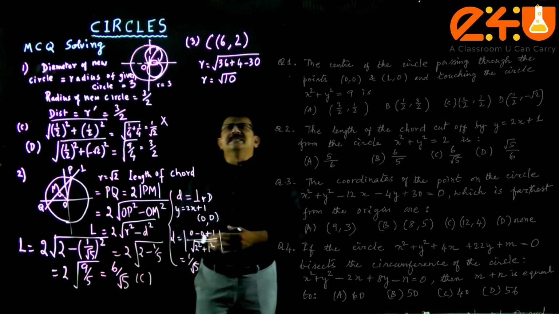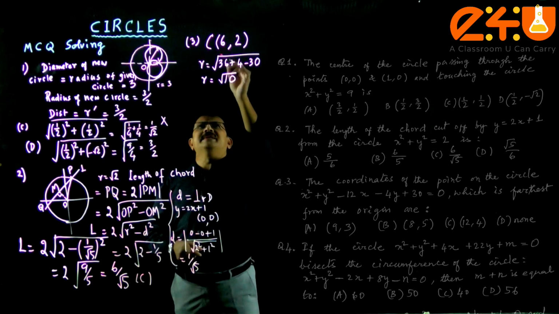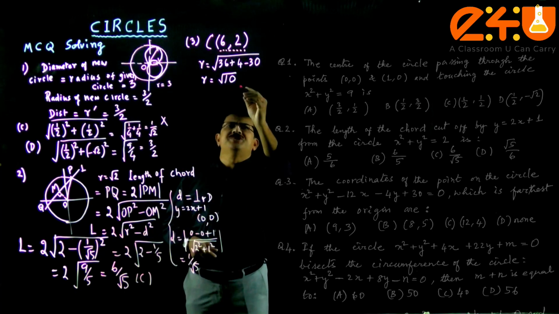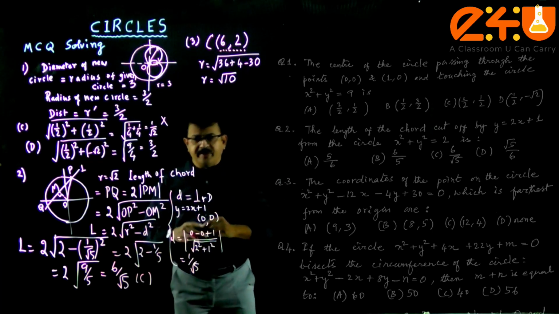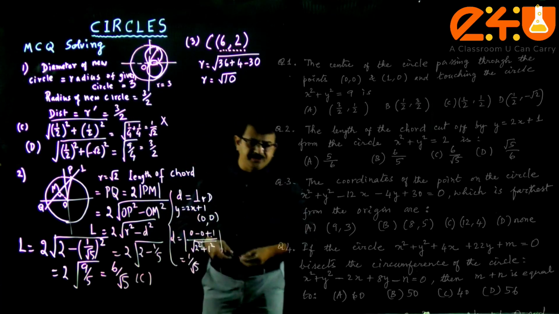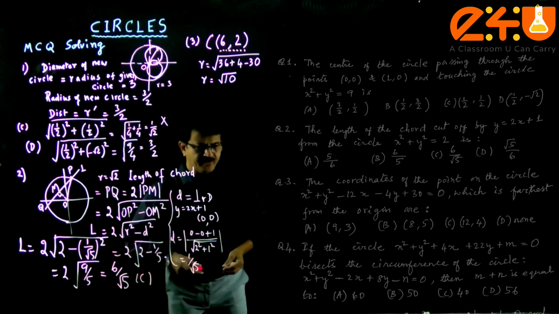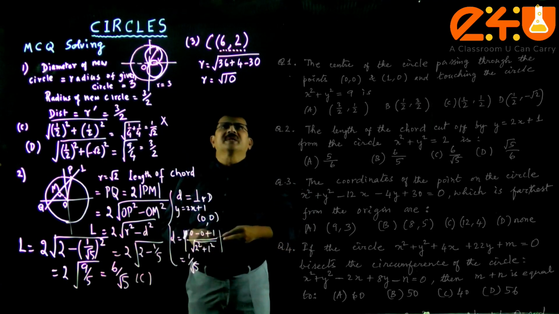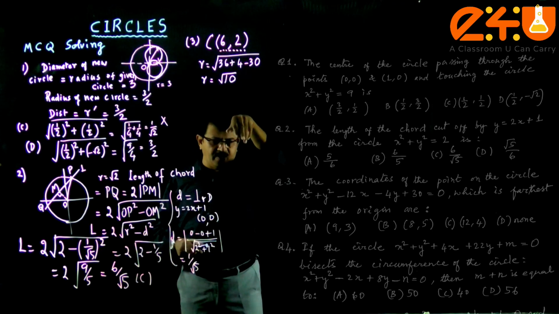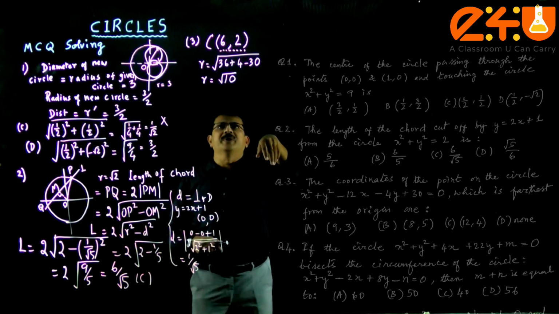So as you can see, the center point is 6, 2. The radius is just root 10. Root 10, you know, the approximate value is just about 3, maybe 3.1, etc. So the farthest distance can be the distance from the origin of 6, 2, because he is asking for the farthest point from the origin.